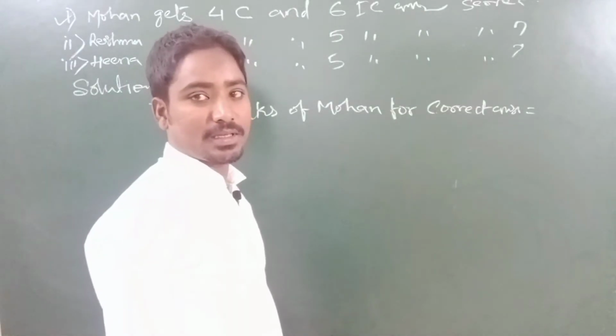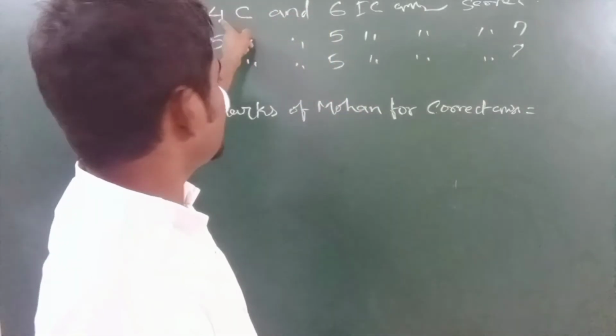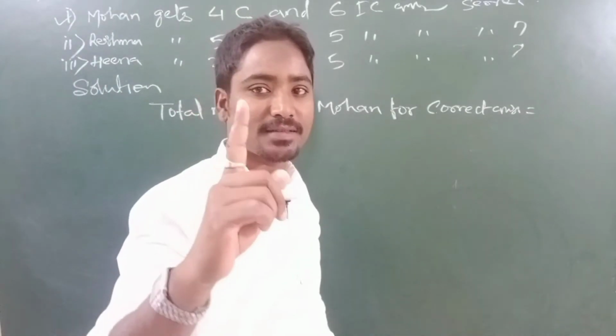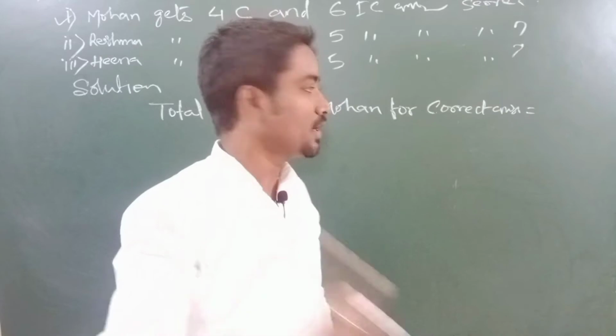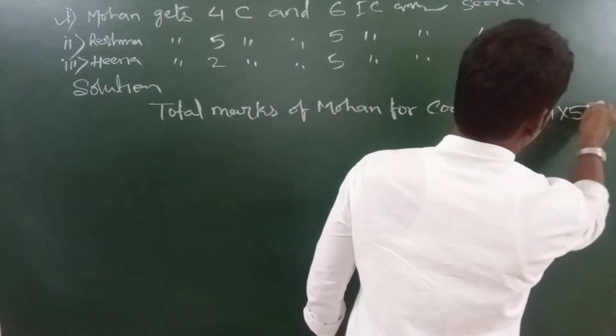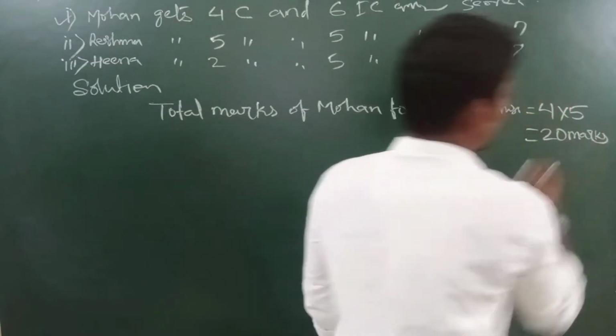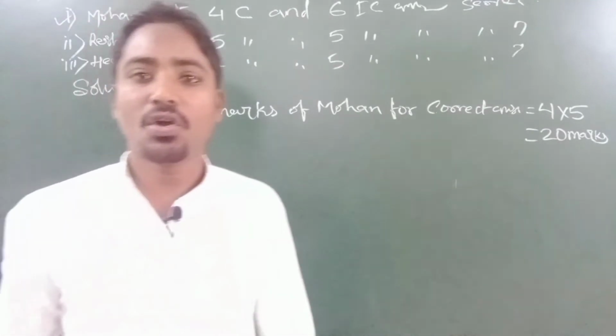He is giving 4 correct answers, and for one correct answer 5 marks is given. So for 4 correct answers, it will be 4 into 5, that is equal to 20 marks. 20 marks he is getting for correct answers.